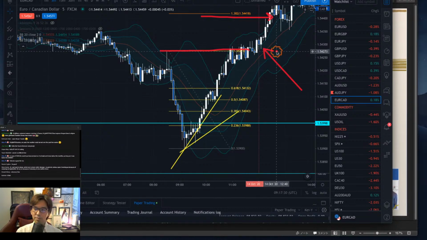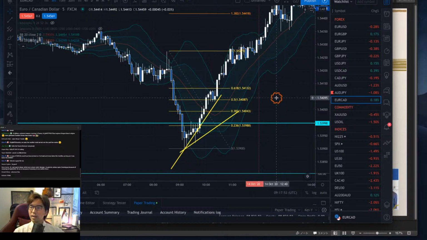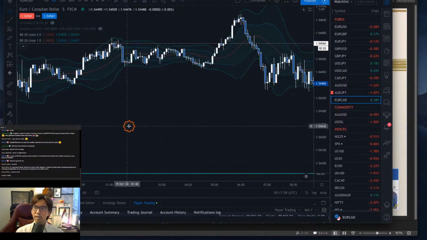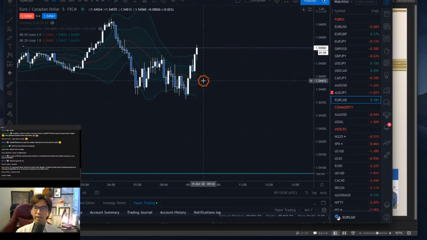So exactly from this candlestick over here, we don't look for the sell chance anymore. And as it turned out, that was a beautiful support by this trend line, and the price went upwards continuously. And the price has been going up until now, like this way.